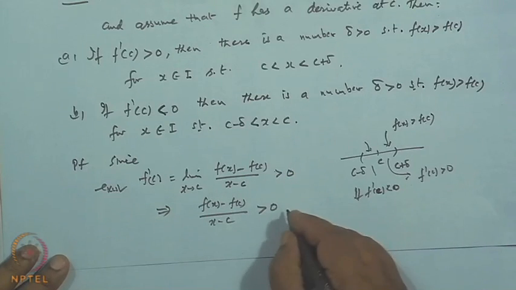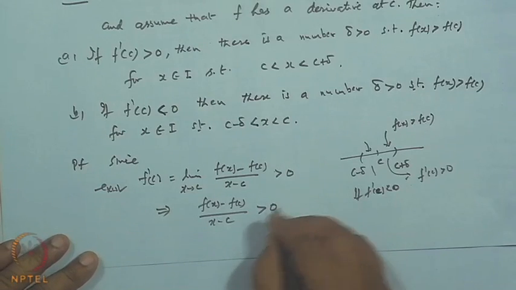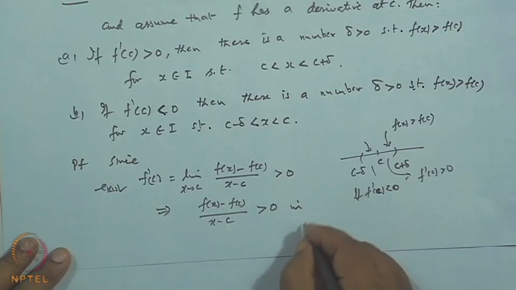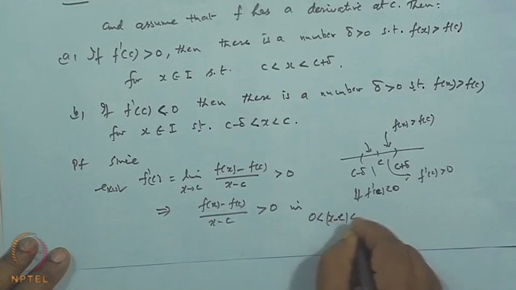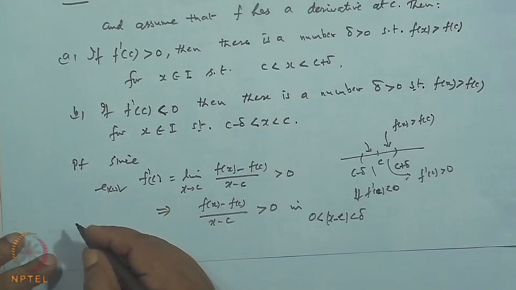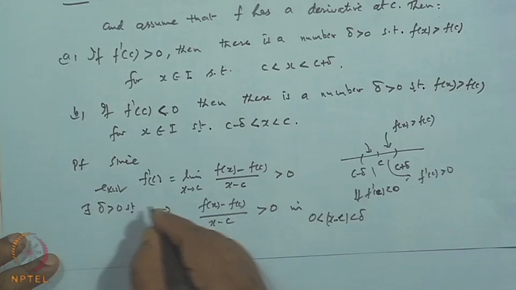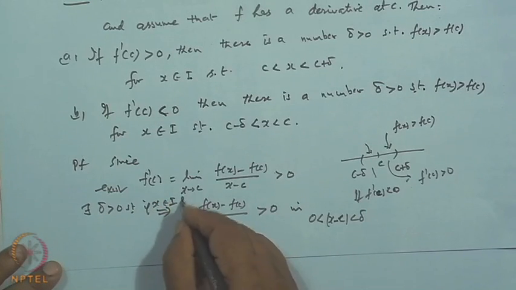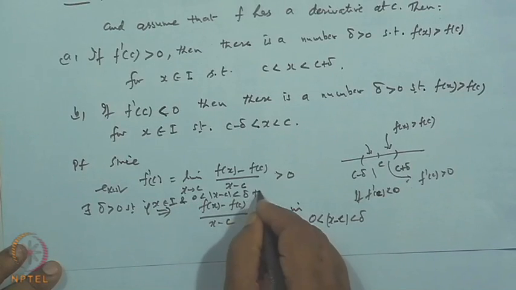So, there exists a delta greater than 0 such that if x belongs to I and 0 less than mod x minus c less than delta, then this holds.